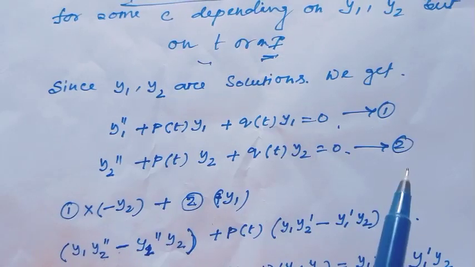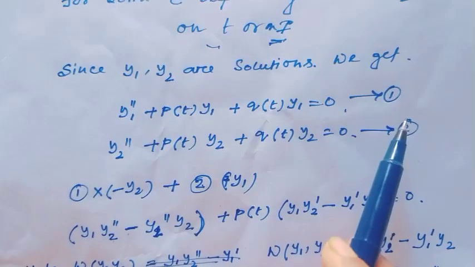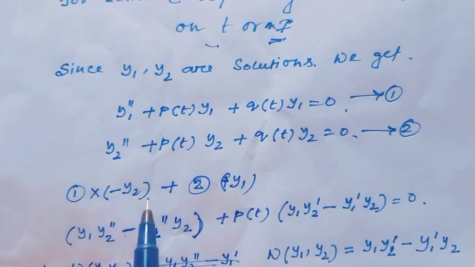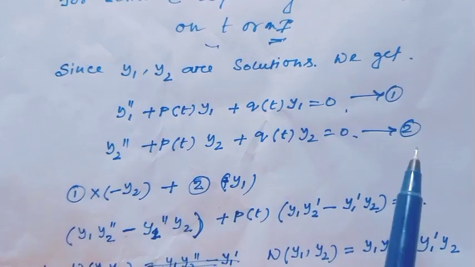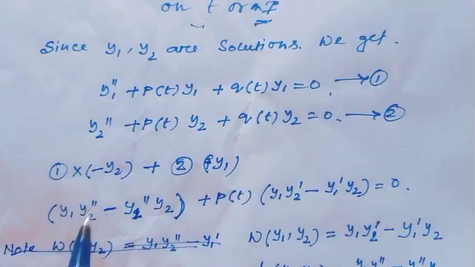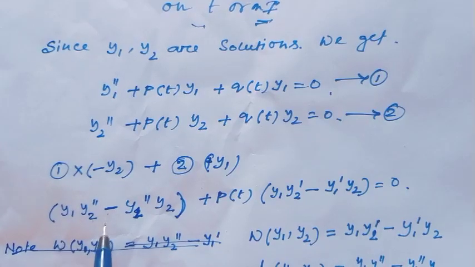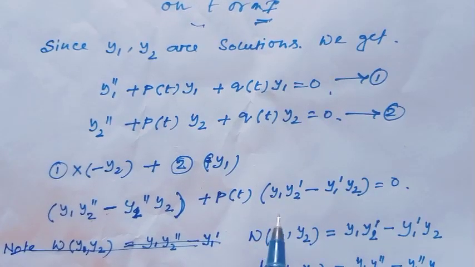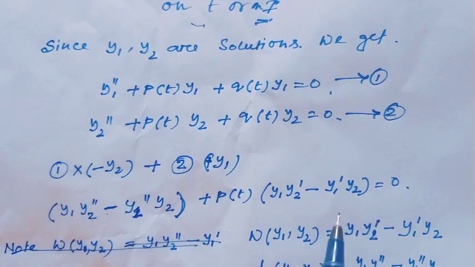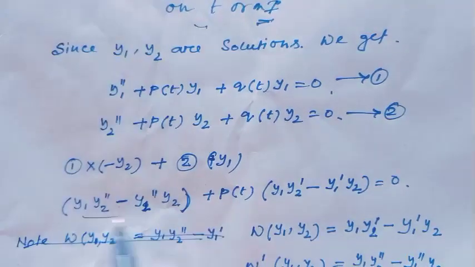This is noted as 2. Now multiply equation 1 by minus y2 and multiply equation 2 by plus y1. Then I will get y1 y2'' - y1'' y2 + p(t)(y1 y2' - y1' y2) = 0.